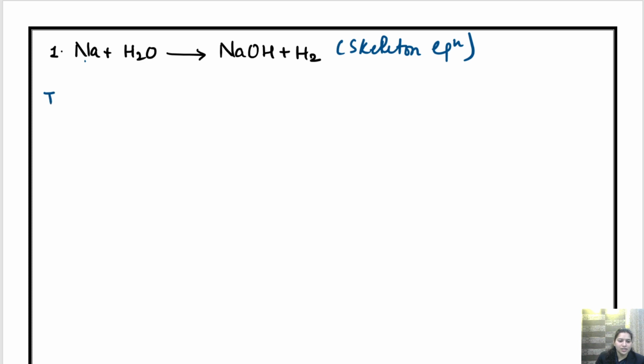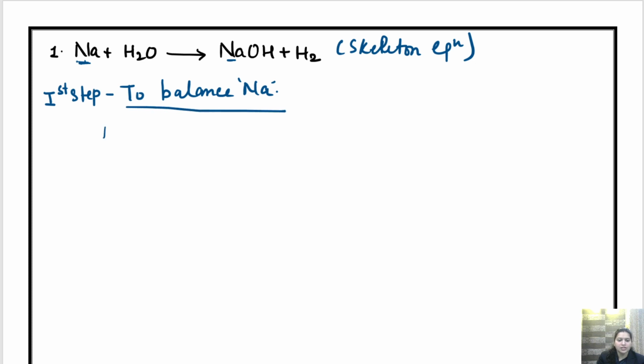So our first step will be to balance sodium. So sodium, see in LHS here we have one sodium, and in RHS also we have one sodium. All right, so sodium is balanced.